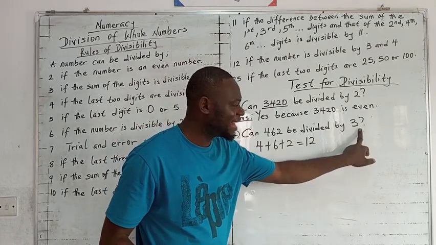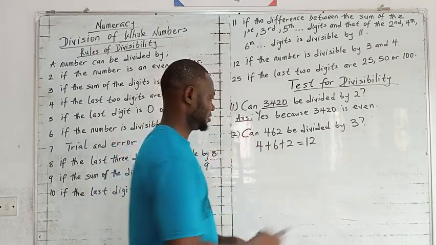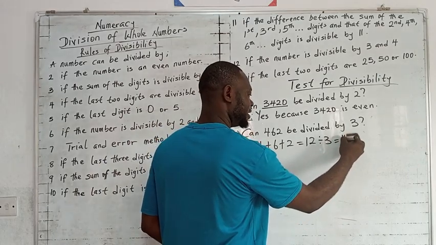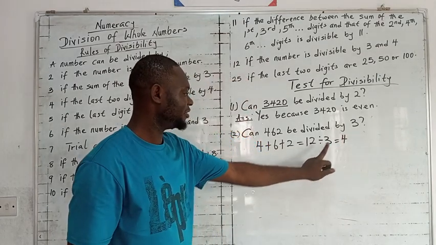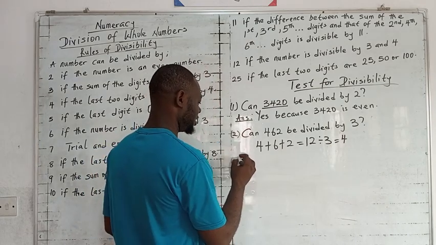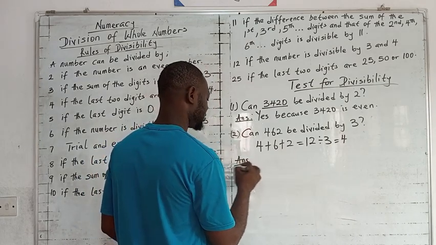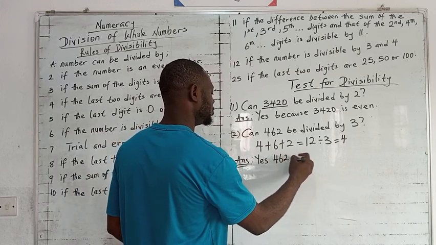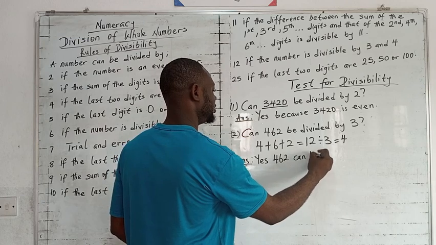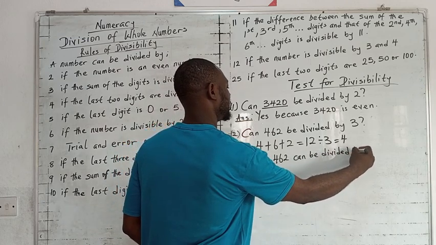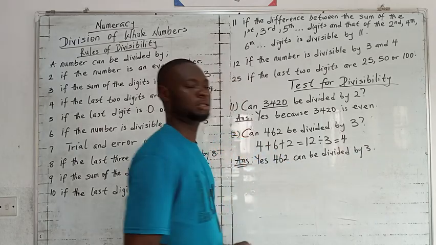Can 12 be divided by 3? Can 12 be divided by 3? Yes. Because 12 divided by 3 is 4. We can now say yes, 462 can be divided by 3.